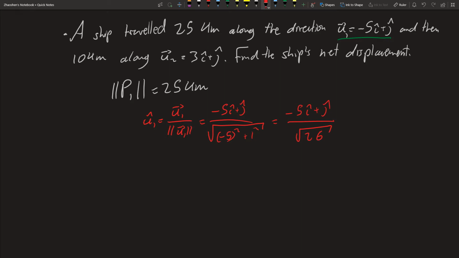So now we have the second path. The magnitude of the second path is 10 kilometers.